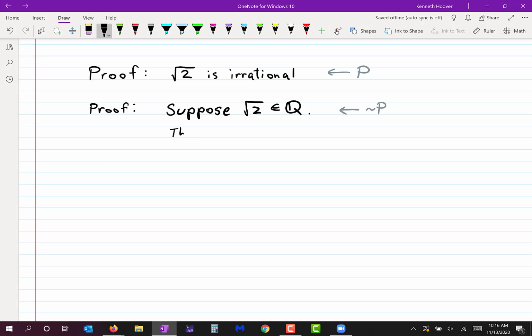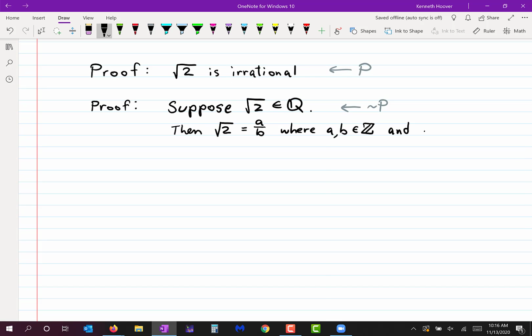Then the square root of 2 equals a over b, where a and b are integers, and this fraction a over b is reduced.